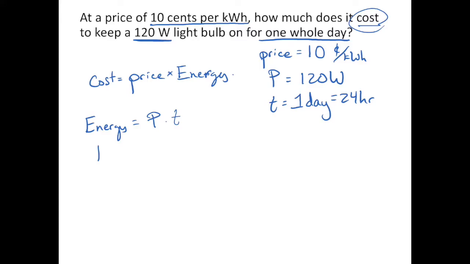So we're going to have energy equals 120 watts times 24. 120 times 24, I'm going to calculate this out, is 2880. But this is in watt hours, and we want kilowatt hours, because we have our kilo there.